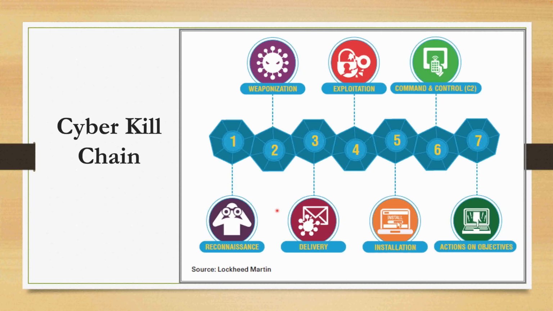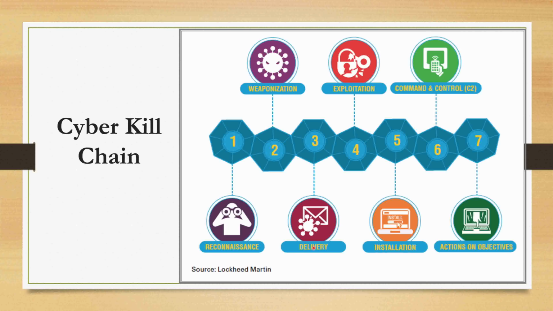This means the quality of information gathered in reconnaissance plays a major role in creating the right type of weaponized exploit. Now, this often involves pairing malware with delivery mechanisms such as phishing emails or exploit kits.